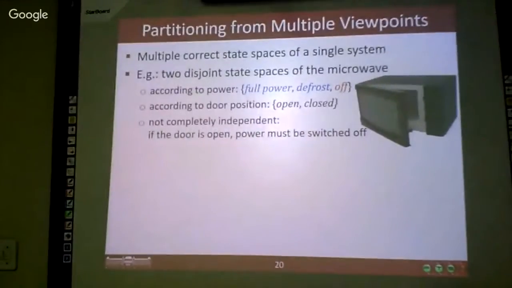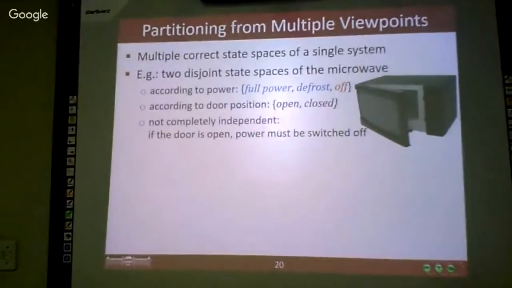Another important thing in state-based modeling is that we can partition our system from multiple viewpoints. So there can be multiple correct state spaces of a single system. For example, two disjoint state spaces of the microwave can be according to the power: full power, defrost, or off. Or according to door position, it can be open or closed.